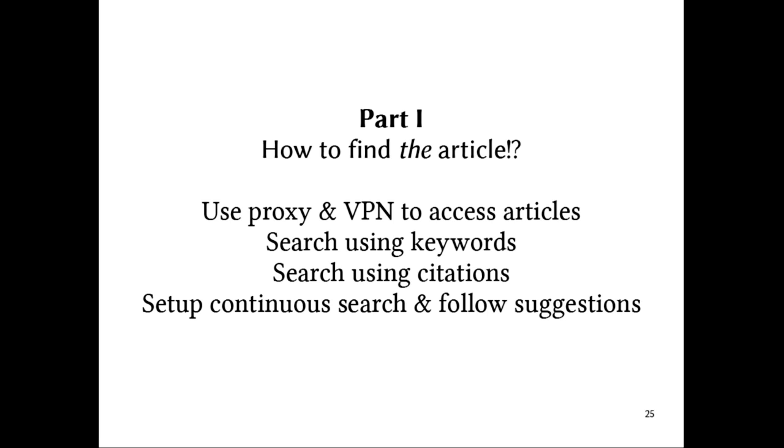To search, you can use keywords or you can go through citations. To keep your search alive, let's say so, you can set up a continuous search by setting up alerts from databases, or subscribe to authors, or use suggestions like those provided by Google Scholar, or set up an RSS. Thank you very much for your attention.